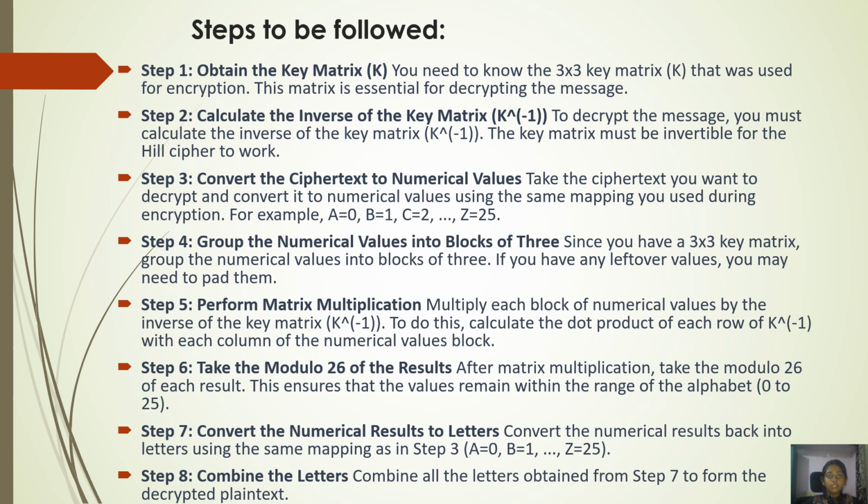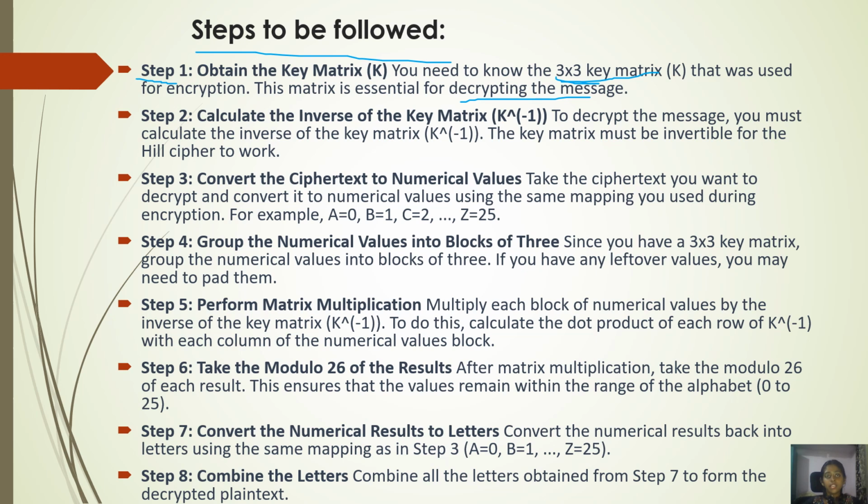So what are the main steps to be followed in this? Step 1: obtain the key matrix K. You need to know the 3 cross 3 matrix K that was used for encryption. This matrix is essential for decrypting the message.